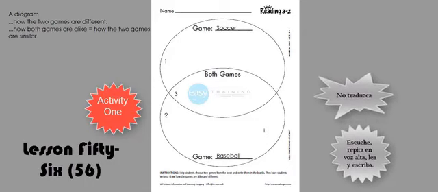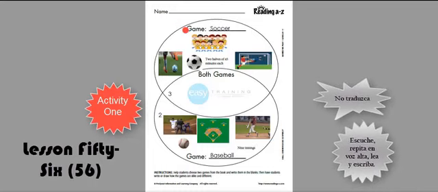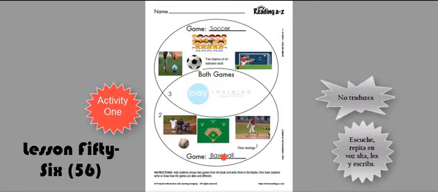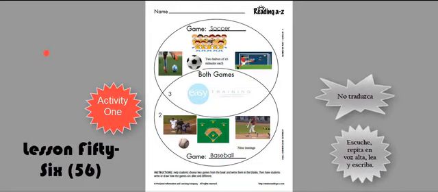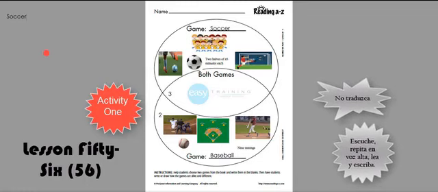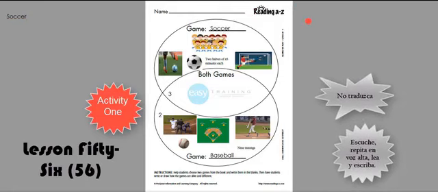Let's do it. Well, with some pictures, I am going to show you how soccer and baseball can be different. Here on the left, I'm going to describe soccer, and on the right, I'm going to describe baseball.